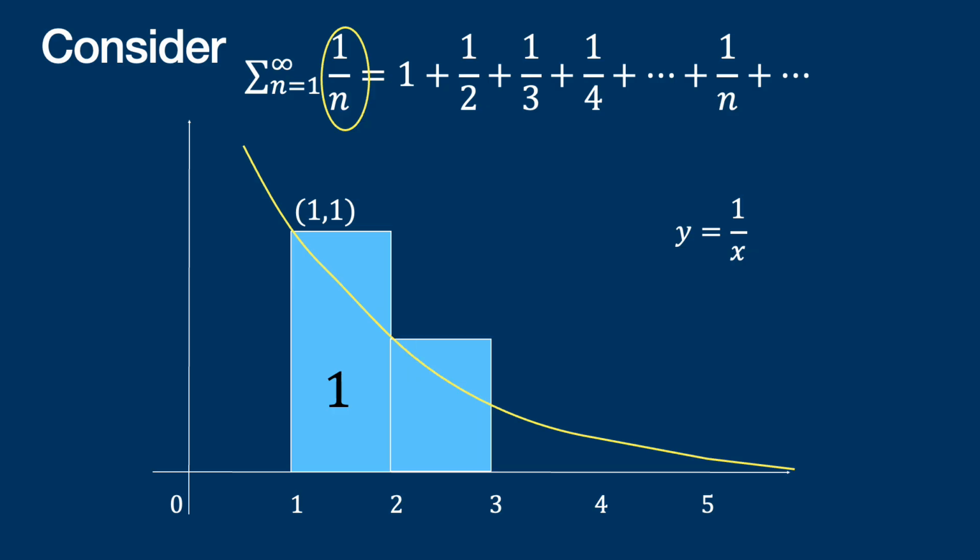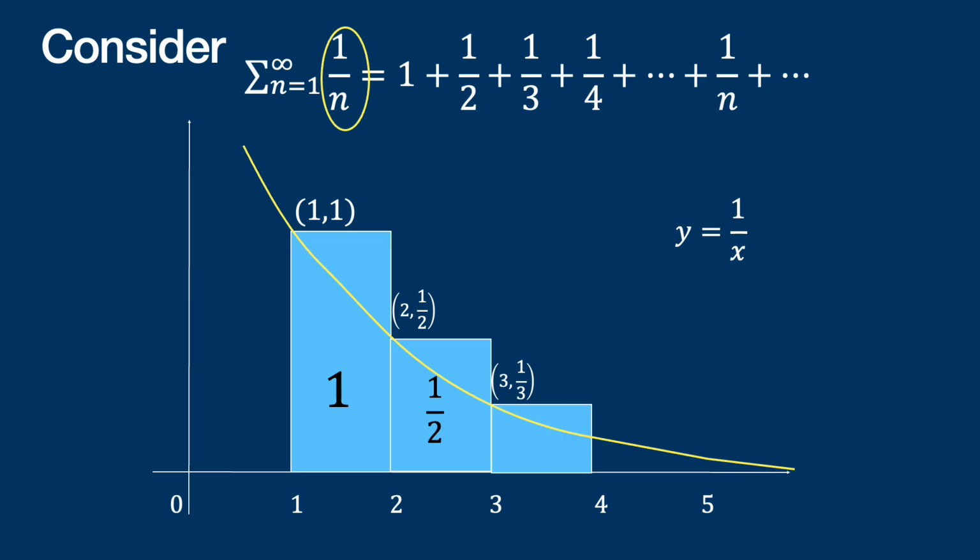Second rectangle, I sketch it. You have this point, that's going to be 2, 1/2. The area is 1/2, and that's going to be the second term here. Third rectangle, right here, the point is 3 and 1/3, and the area is going to be 1 times 1/3.